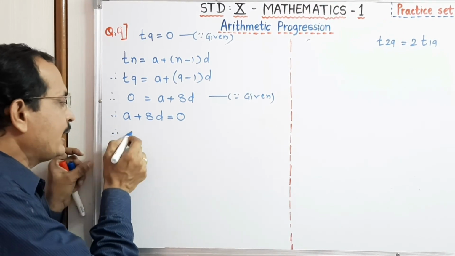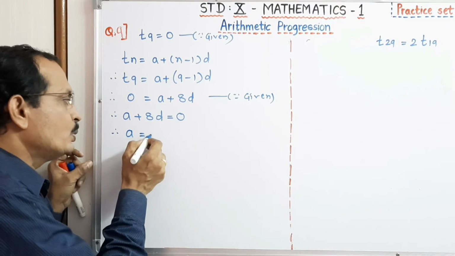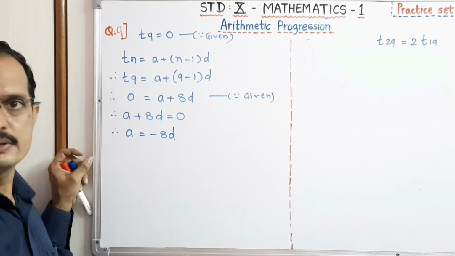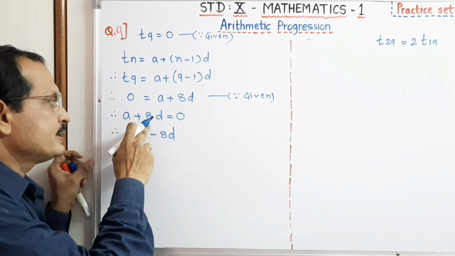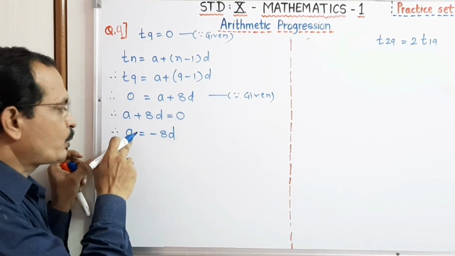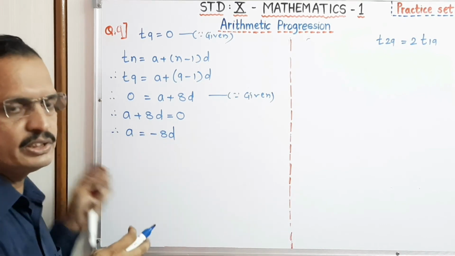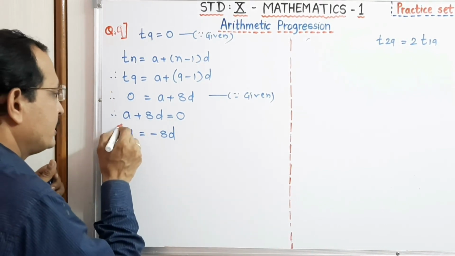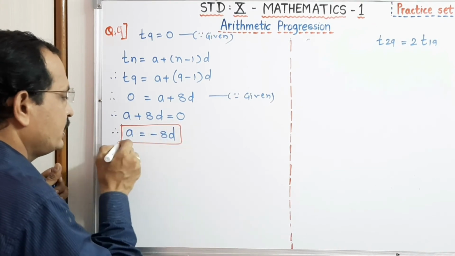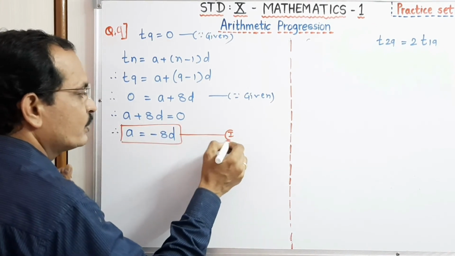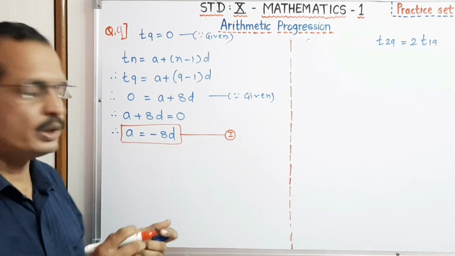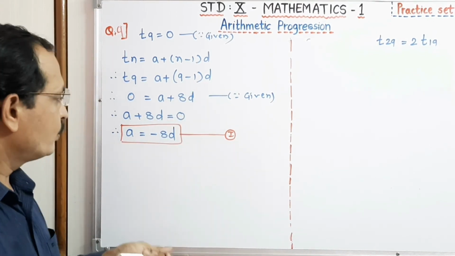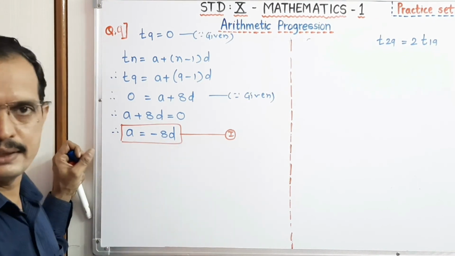Now we can write here A is equal to minus 8D. Isn't it? See here, A plus 8D is 0, therefore we get A is equal to minus 8D. This is the most important thing that we have to use further. Yes student, if you understand this, then it is very easy.